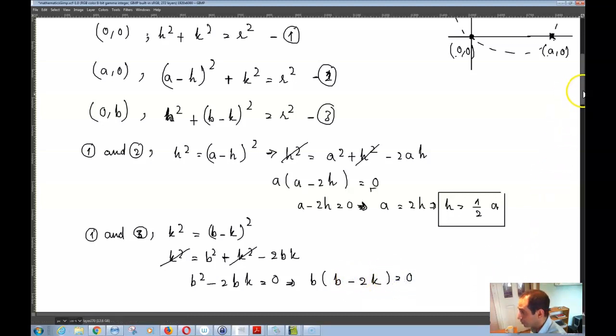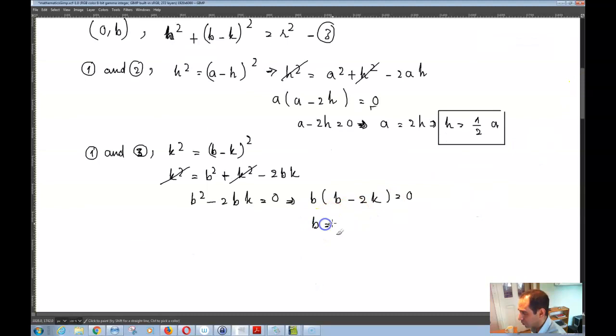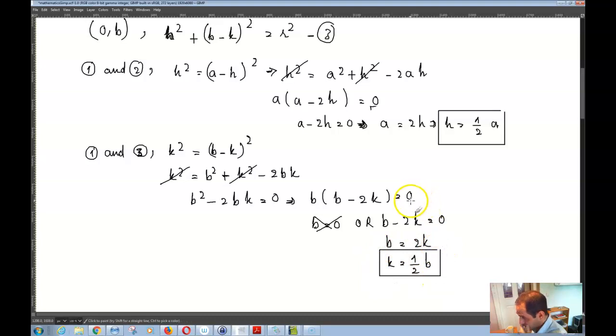That means that either b is equal to 0, which is not acceptable, or b minus 2k is equal to 0, which means that b is equal to 2k, which means that k is equal to 1/2 b. So the value of k you can find this way as well.